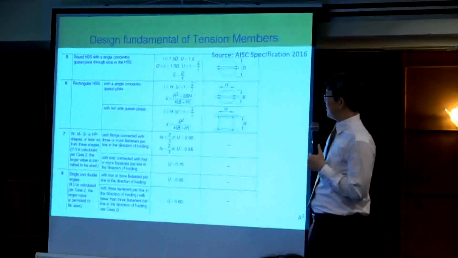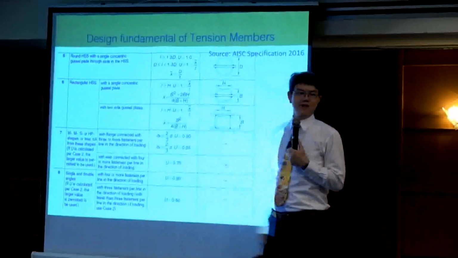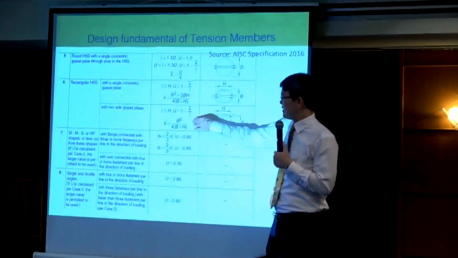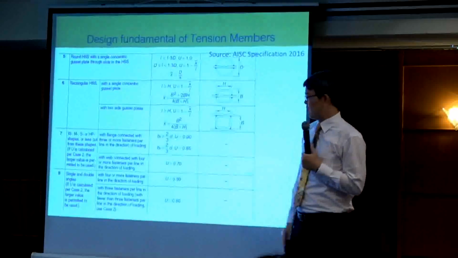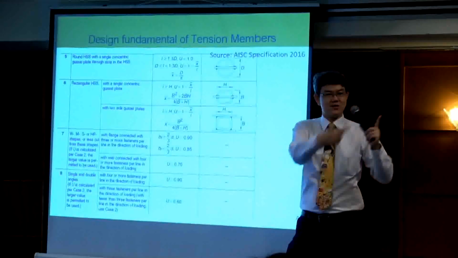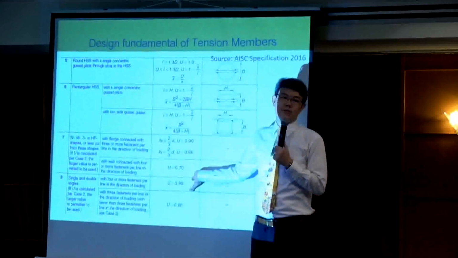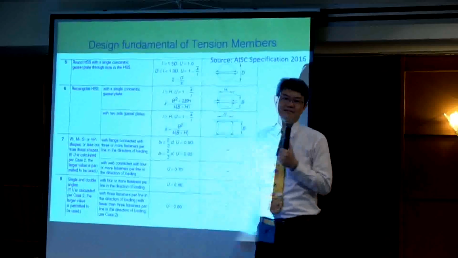If you have the square section, use that. If you have the two gussets like that, use that. If you're too lazy to calculate by using the simple formula that I just showed you, 1 minus x bar over L, use those numbers. Okay? So that's it for shear lag.